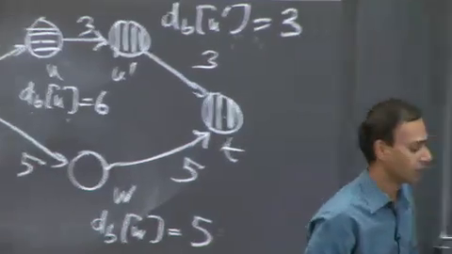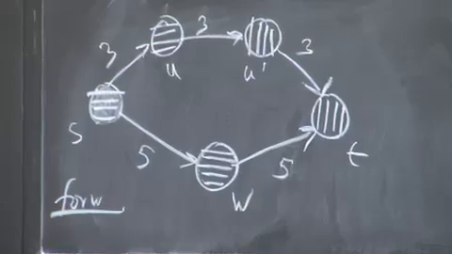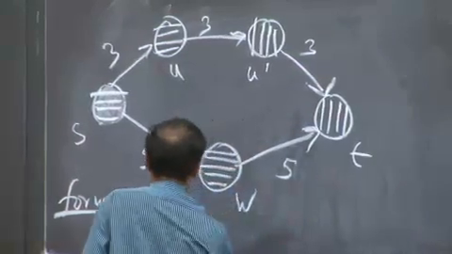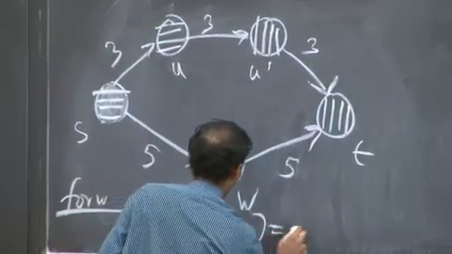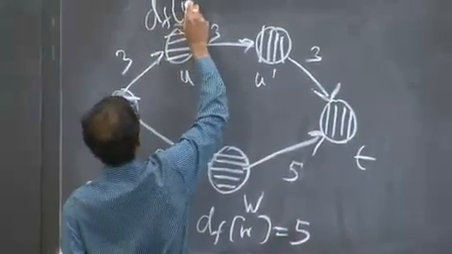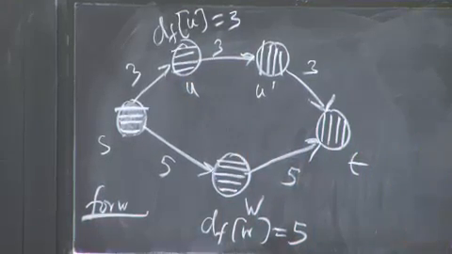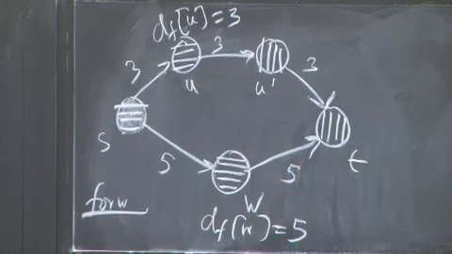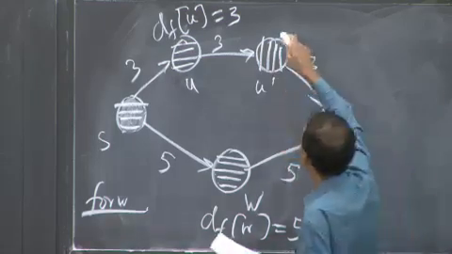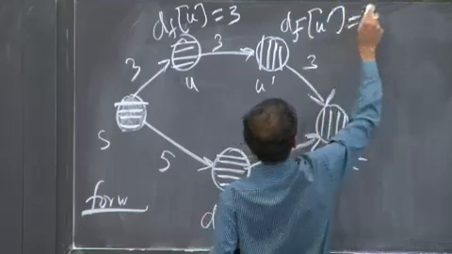And my only choice now is to pick the W vertex off of QF, right? Because DF of W equals 5, and this one has already been processed. DF of U equals 3, but I've hashed that, and so I've gone ahead and processed that vertex. And this one, DF of U prime equals 6.